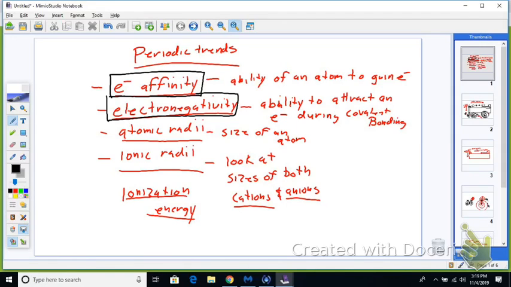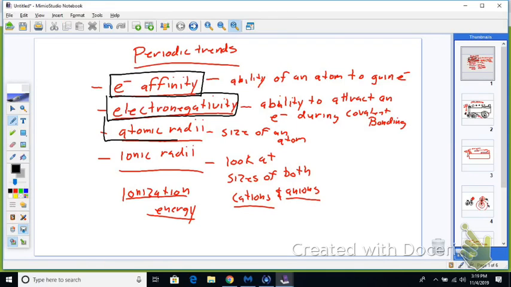What happens to the size of the atom going across? It's smaller. Smaller means it can get closer to the nucleus, which means it has a bigger share if it bonds. Going down, what happens to electronegativity? It decreases. Why? Because the atom gets bigger, and there's less attraction for that electron once it bonds.